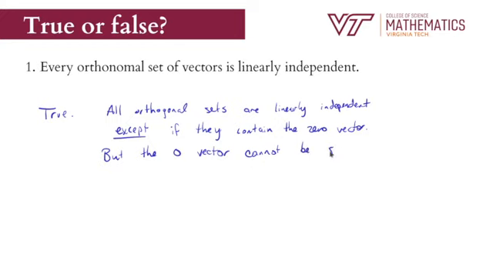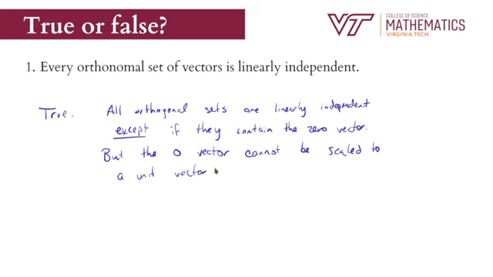It cannot be scaled to a unit vector because it requires dividing by the magnitude, and the magnitude is 0 in this case.